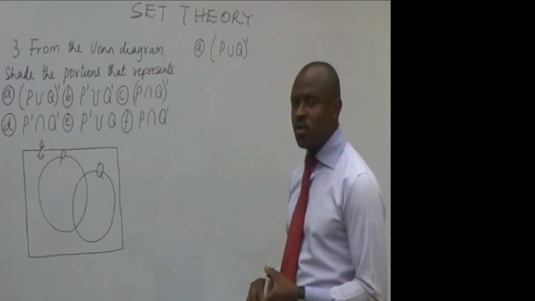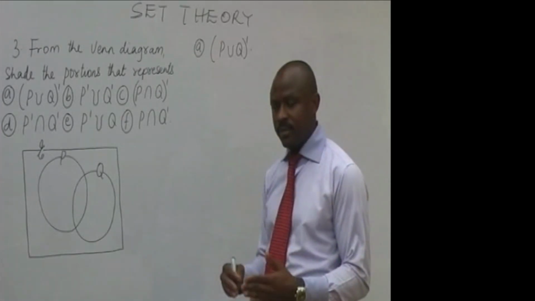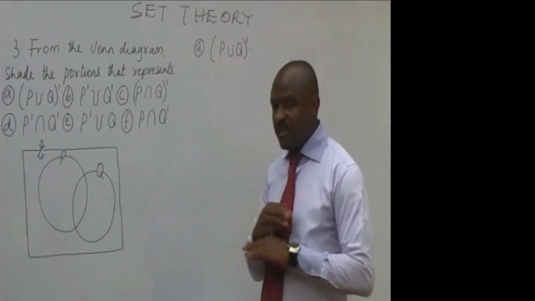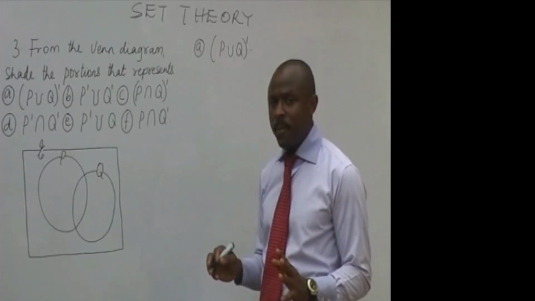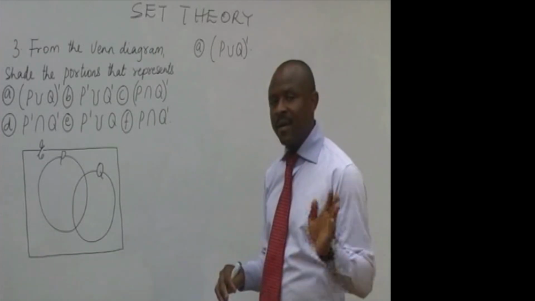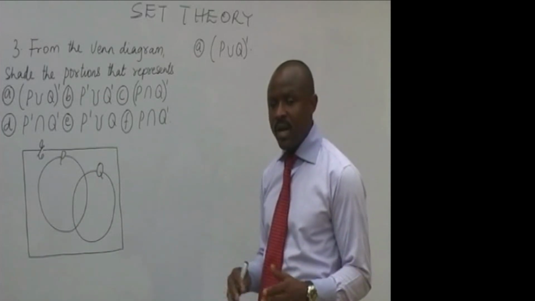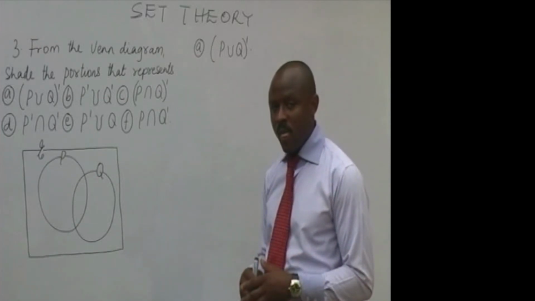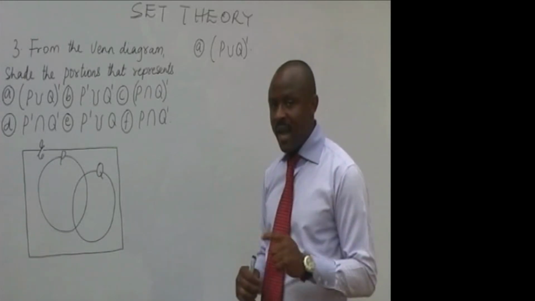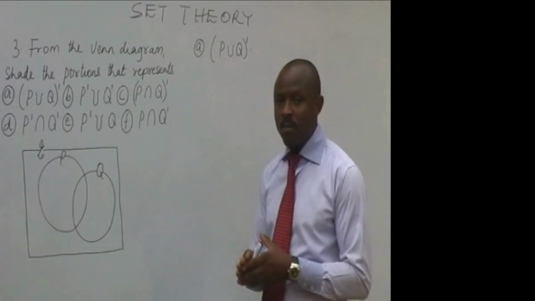You are going to do a sketch. Write up any universal set you know. Write up any set, call it P. Write up any other set, call it Q. Find P union Q and find P union Q prime.